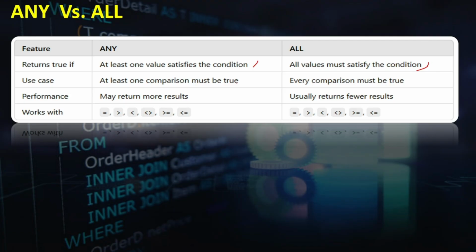At least one comparison must be true for any to succeed, but every comparison must be true for all to succeed. Performance wise, any may return more results because it checks whether any value is more, but all usually returns fewer results because it checks all values. The operators that can be used along with any are pretty much equal to those used with all.